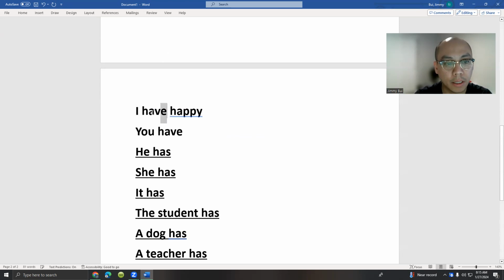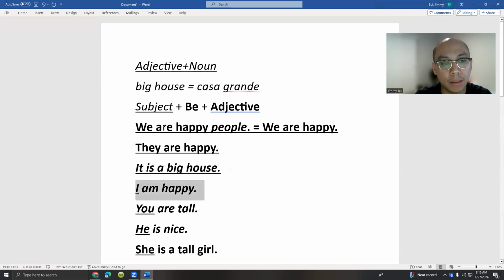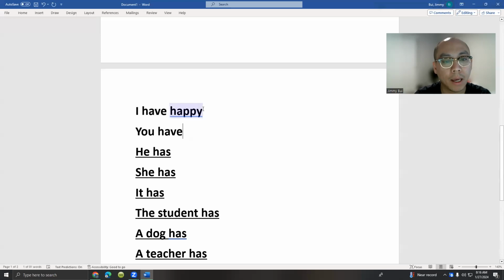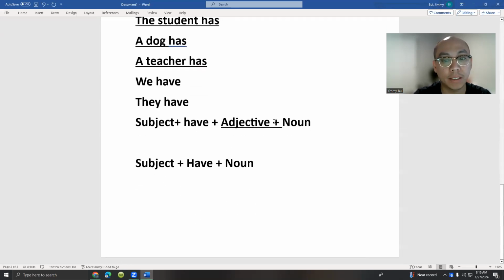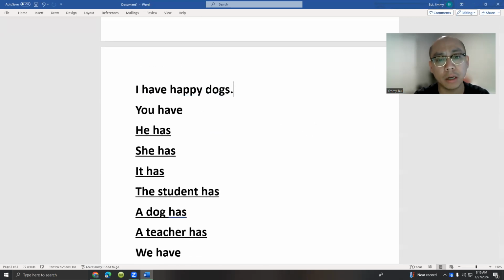Happy is an adjective, but if I want to say I am happy, then I need to use I am happy, subject, be, adjective, because this adjective explains me, I. Okay, I have happy what, right? So I plus have plus adjective without this noun is incomplete. I have happy dogs. Now that makes sense.